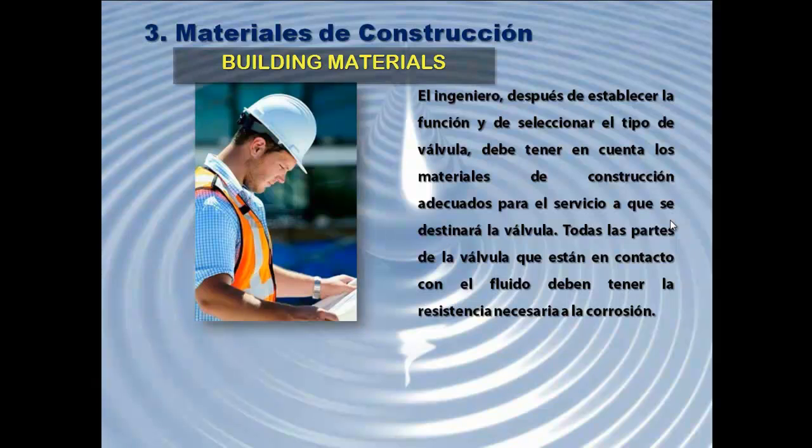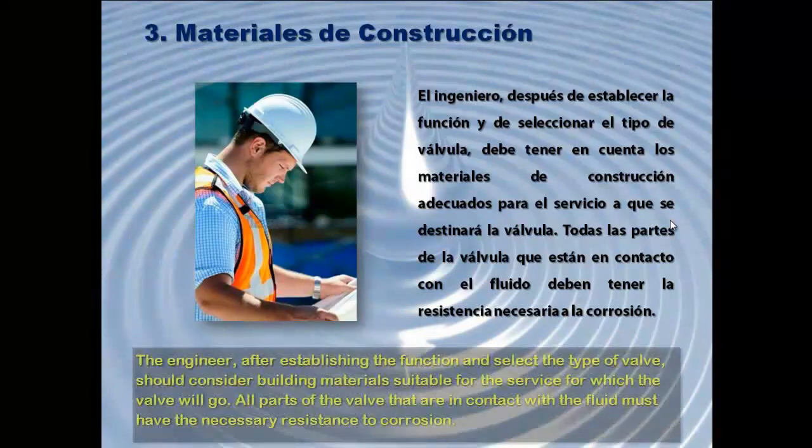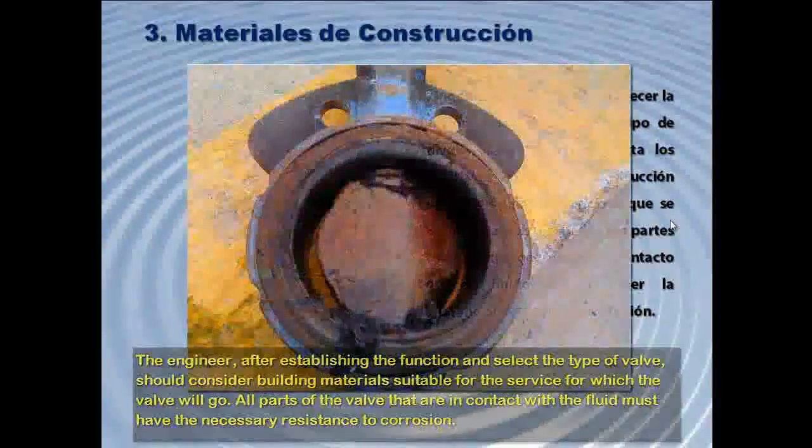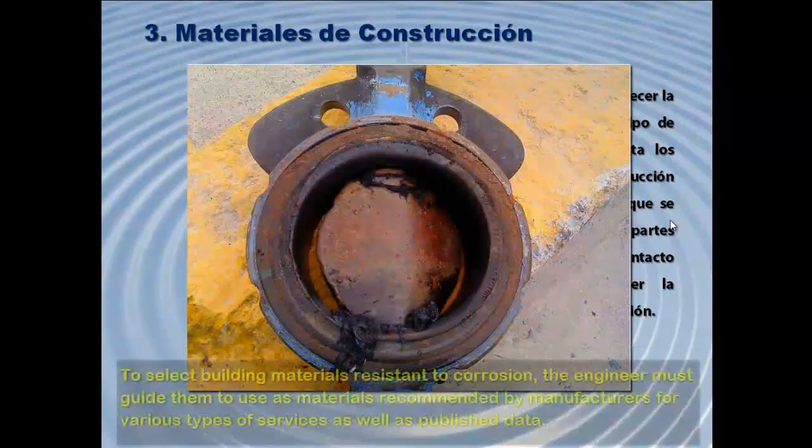Building materials. The engineer, after establishing the function and selecting the type of valve, should consider building materials suitable for the service for which the valve will be used. All parts of the valve that are in contact with the fluid must have the necessary resistance to corrosion.